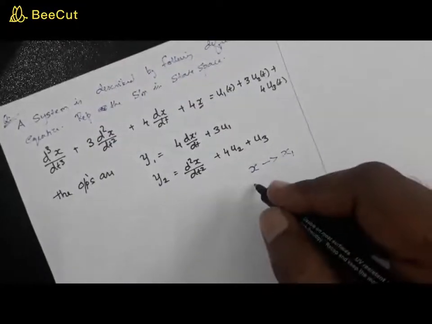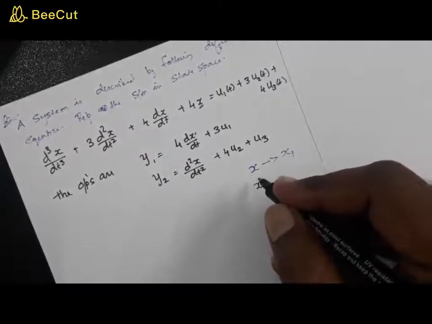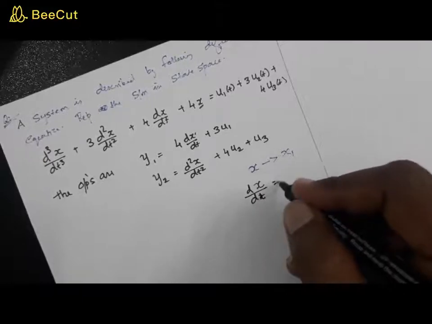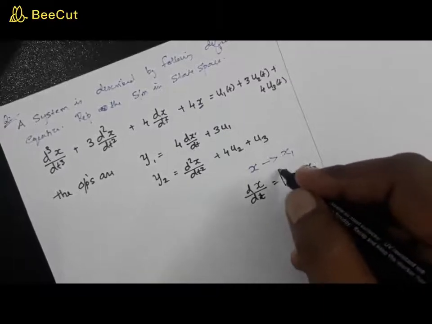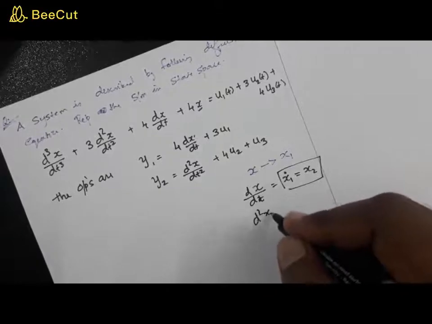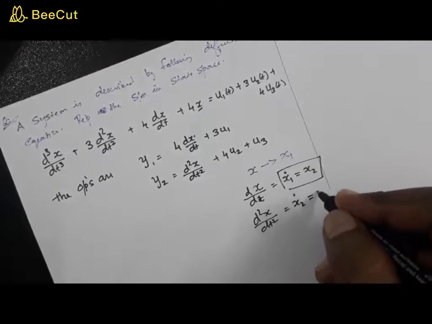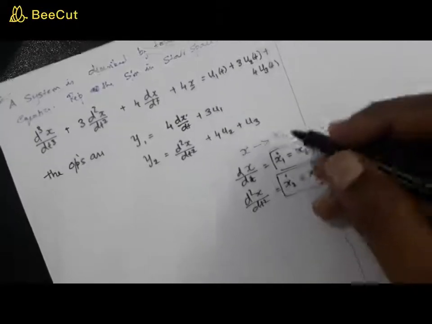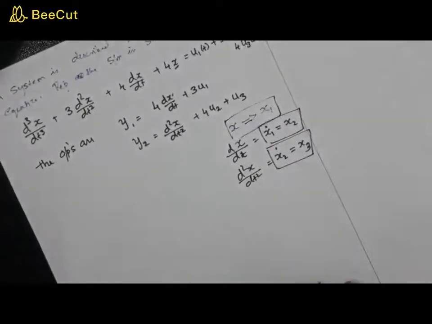So you can see that dx by dt can be denoted as x1 dot, or you can assign that to be x2, right? Similarly, you can assign d square x by dt square as x2 dot, which can be assigned as x3, right? So these are the 3 state variables we have assigned, x1, x2, x3.